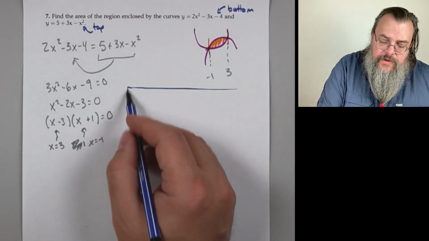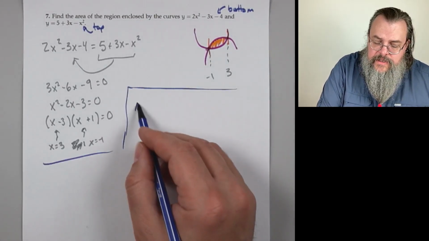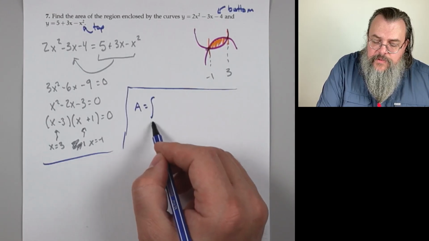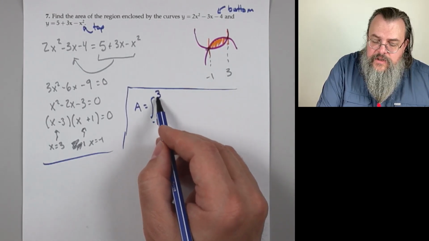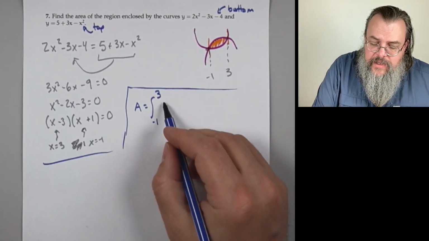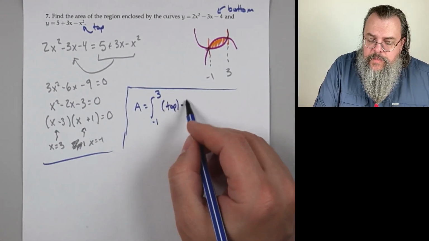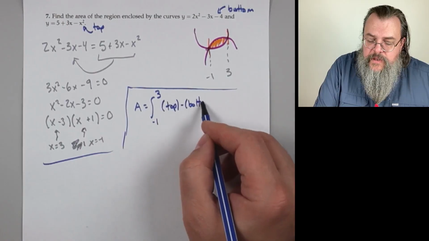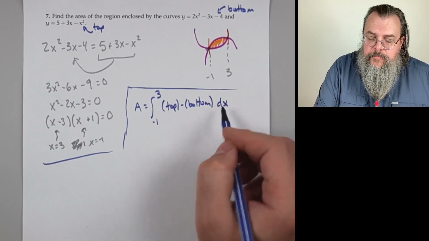So here we go. The area is the integral from the first intersection to the last intersection, because they only intersect twice. We're going to take the top minus the bottom, dx.